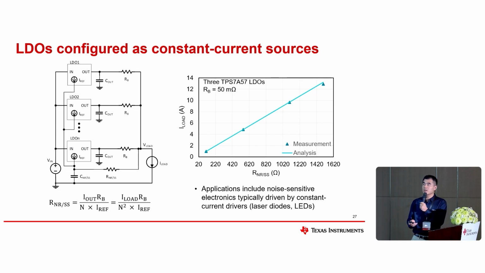For a constant output voltage, you can easily add only a resistor here, but for constant current, you need to add a noise reduction capacitor, and in addition to the ballast resistor, you need to add another resistor to define your load current here. It's also pretty easy, just like the parallel LDO.